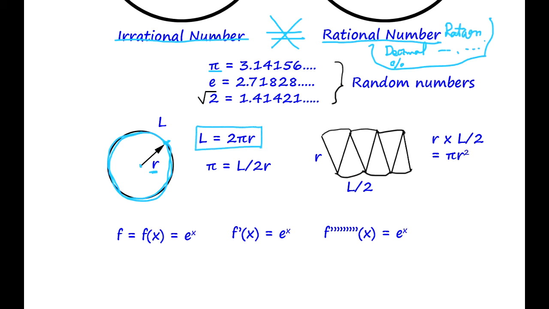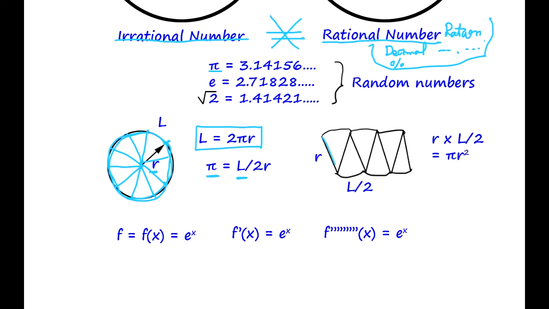That's not all. Pi is the circumference divided by 2r. This pi is important for knowing the area of a circle too. Suppose you slice the circle into pie shapes, like a pizza, and rearrange them.